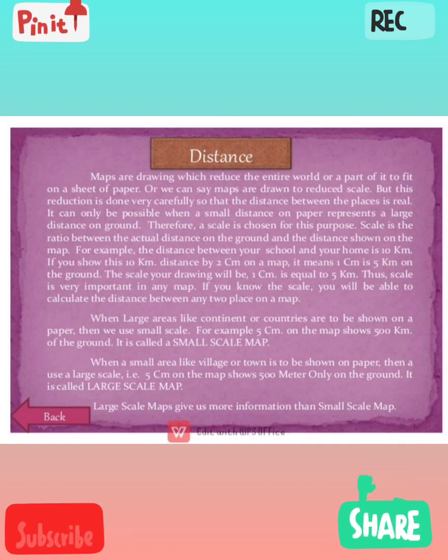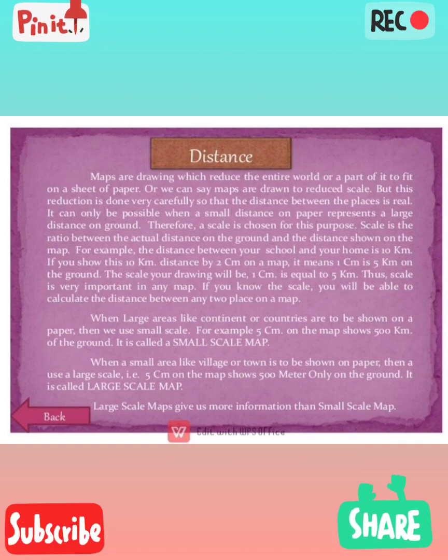When large areas like continents or countries are to be shown on paper, then we use a small scale map. On the other hand, when a small area like a village or town is to be shown on paper, then we use a large scale map. Let us understand with the help of an example.